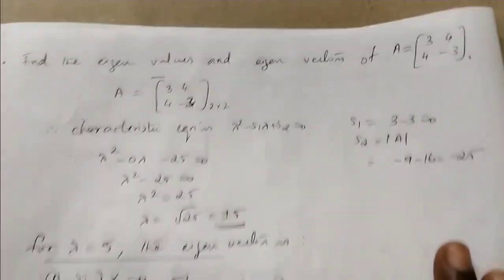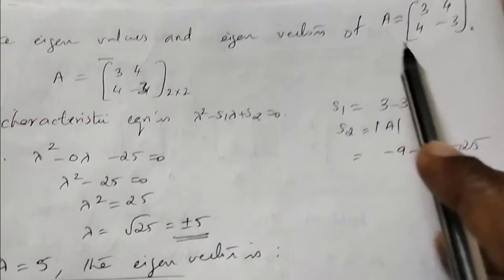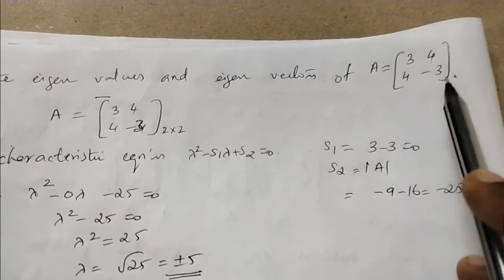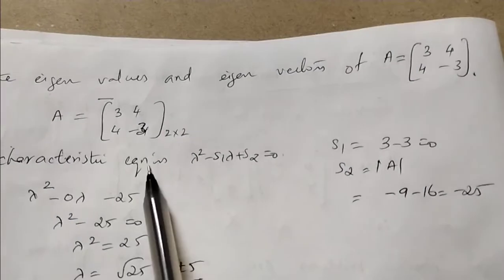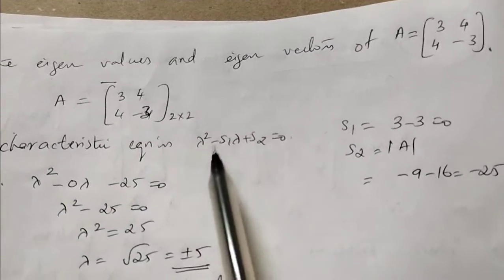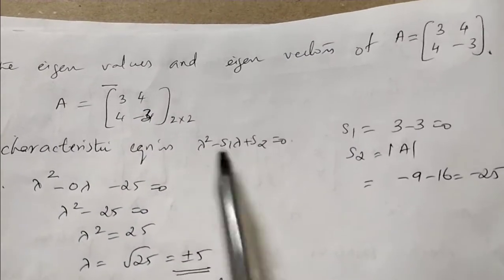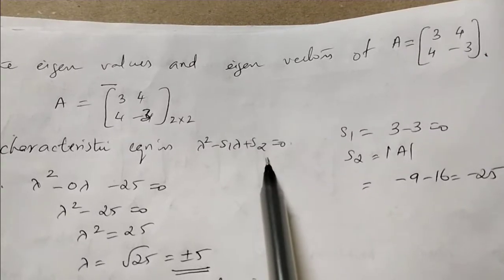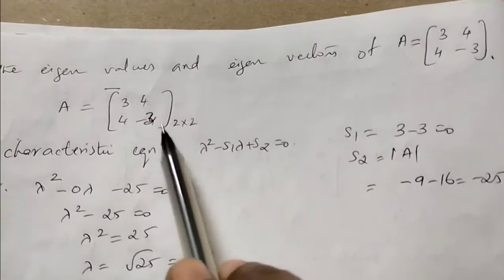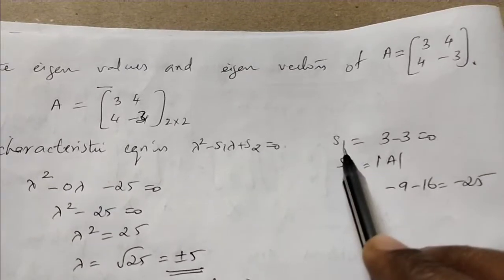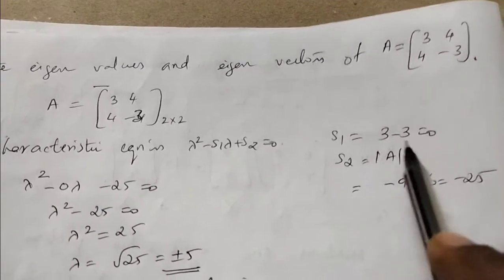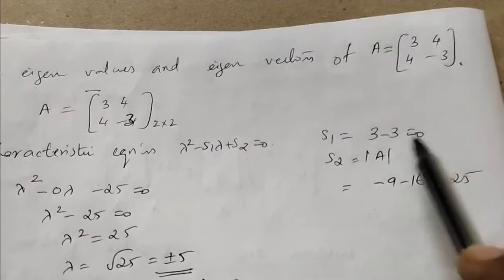Consider an example. Find the eigenvalues and eigenvectors of A = [3, 4; 4, −3]. So it is a 2 by 2 matrix, right? So what will be the characteristic equation? It will be λ² − S1λ + S2 = 0, because it is a quadratic equation for a 2 by 2 matrix. S1 is the sum of the diagonal elements: 3 plus minus 3, it is 0.